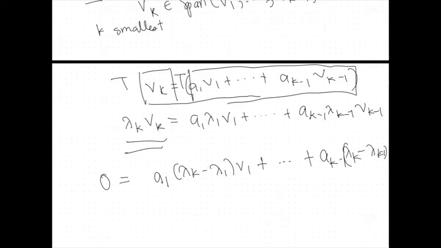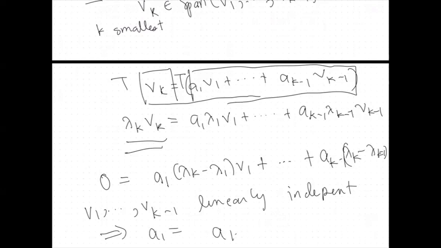Since we chose k to be the smallest integer satisfying this statement, v1 to v(k-1) are linearly independent. It means that a1 to a(k-1) are equal to zeros.